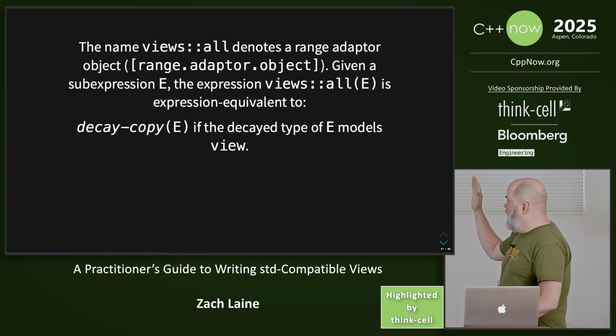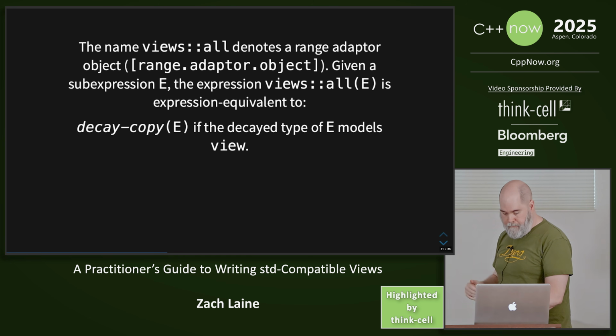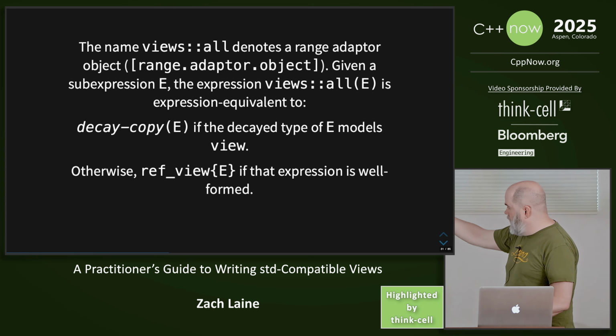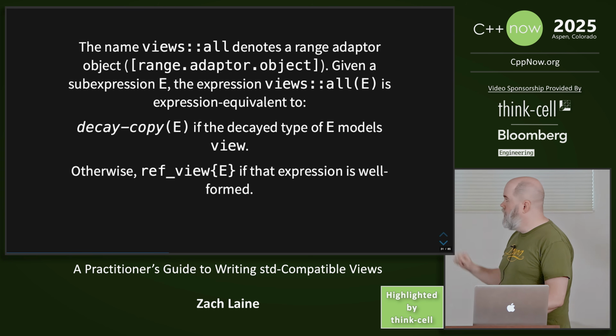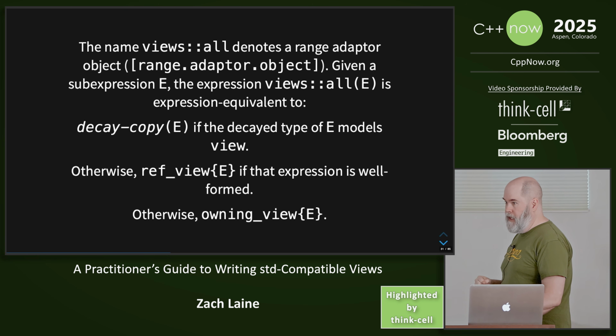In other words, if you pass a view into all, it just forwards the view right back to you. Otherwise, if you can construct a ref_view from E, that's what it's expression-equivalent to. Otherwise, it's expression-equivalent to owning_view constructed from E.